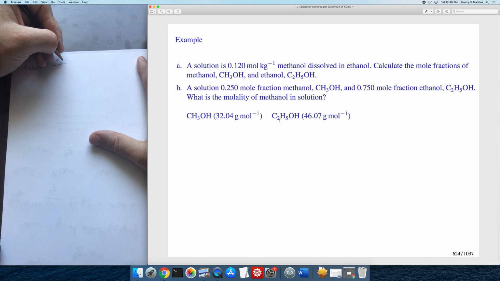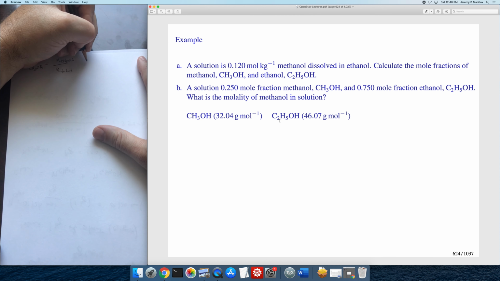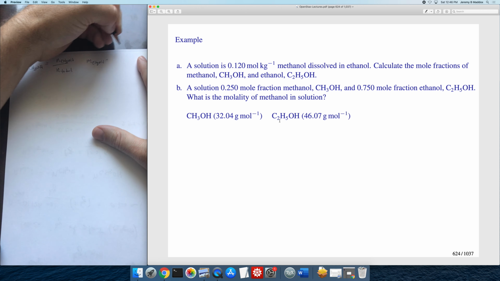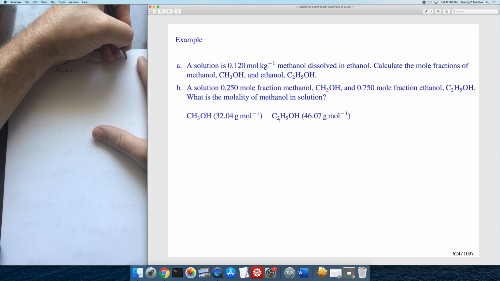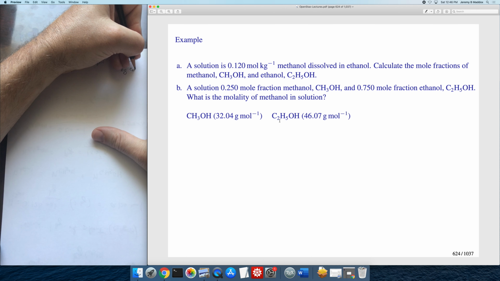It's the number of moles of methanol divided by the total. Let's do n total again. And then what we want is the molality of the methanol, which is the number of moles of the methanol divided by the kilograms of the ethanol.